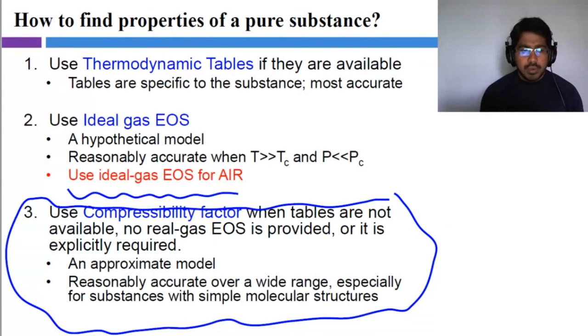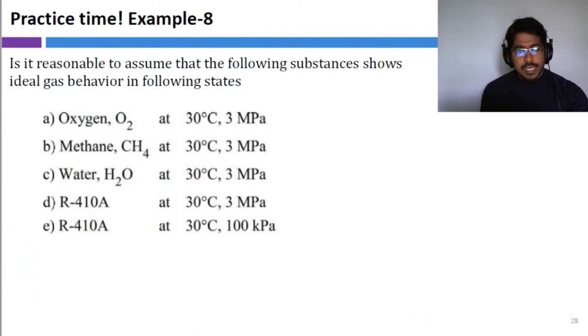It is an approximate model, and it is reasonably accurate over a range of substances, right? So we'll discuss why and how and when we can use the third one in the coming lecture. But for now, let's focus on the other two aspects.